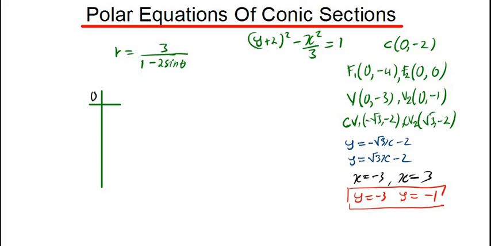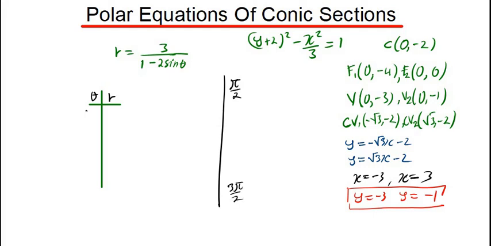Since I'm dealing with sine, meaning I'm on the y-axis, I'm going to have to look at the angles 90 degrees, which is pi over 2, as well as 270, which is 3 pi over 2. If I put 90 here, how is this going to be?